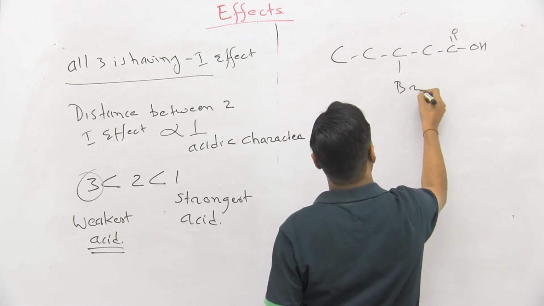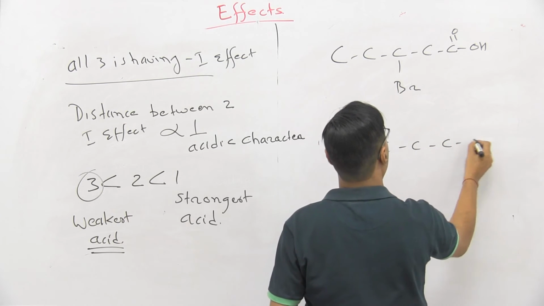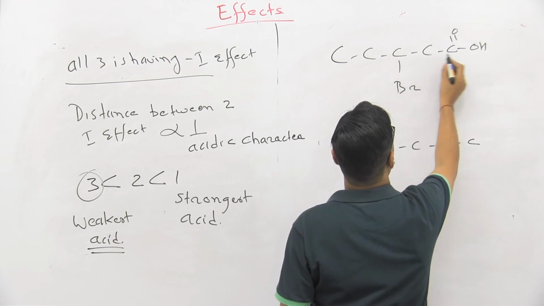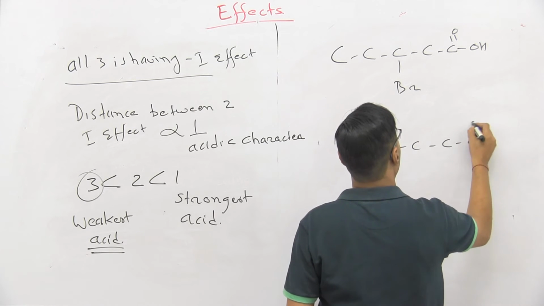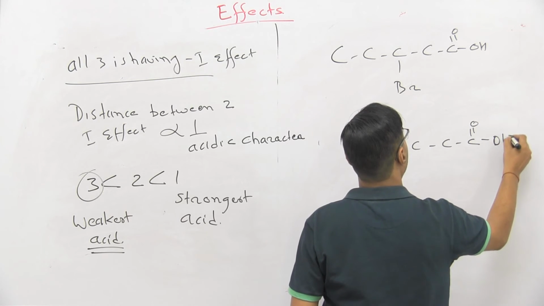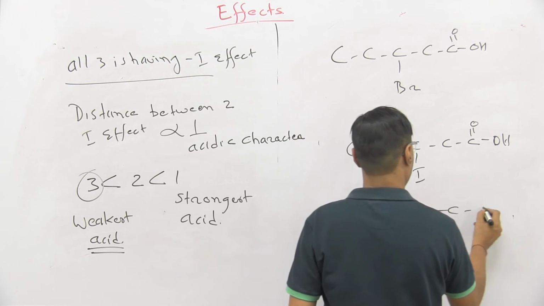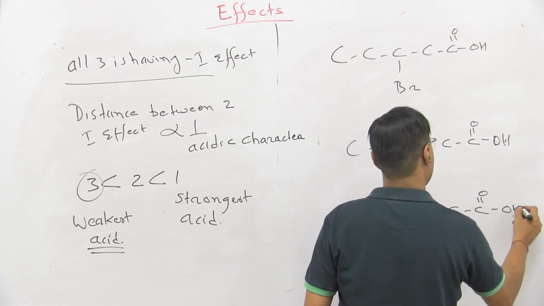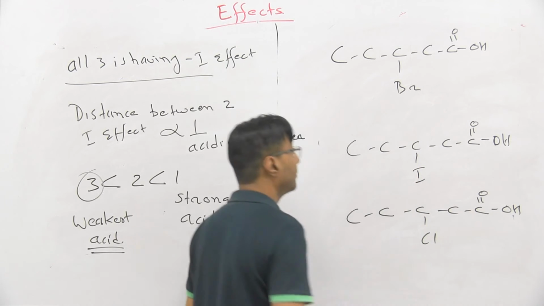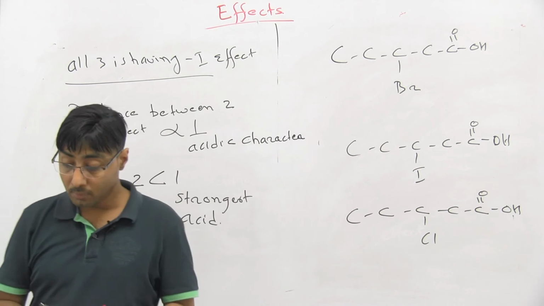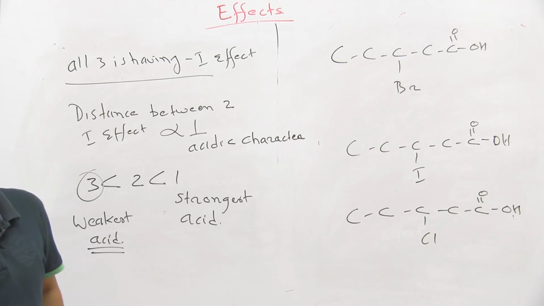This one is Br, iodine, and chlorine. Now how to decide which one is the stronger acid and which one is the weaker acid?